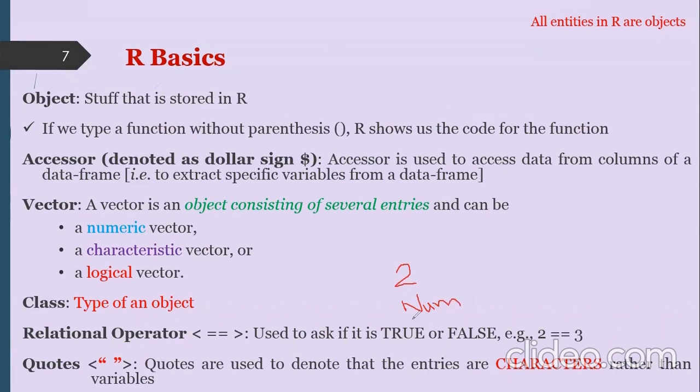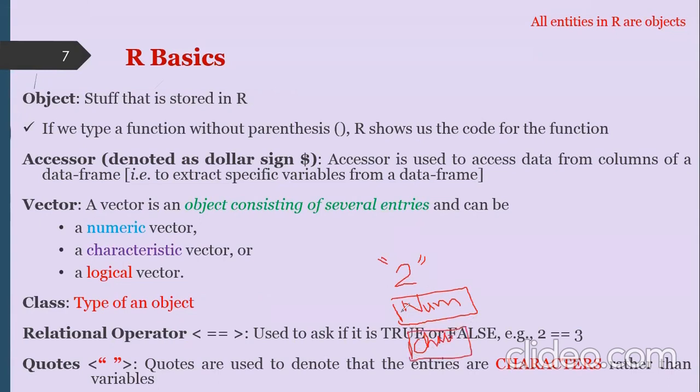But if I use the quotation marks, it will consider this 2 not as numeric but as a character. So if I ask R what the type of this is, it will call it char. So it is a character.